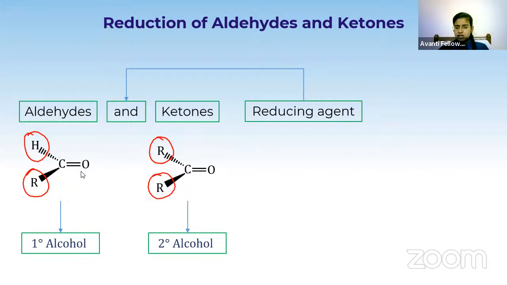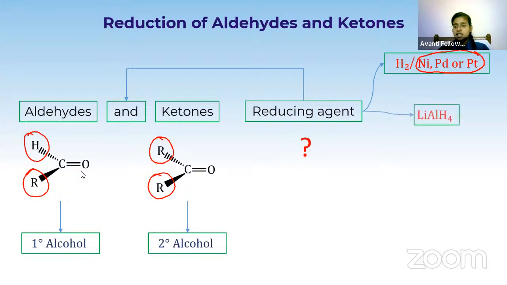Now coming to the reducing agent. Who all can act as a reducing agent to reduce the aldehydes and ketones? The very first one is hydrogen in presence of nickel, palladium or platinum as a catalyst. These three metals are the catalyst and hydrogen is going to reduce in presence of this catalyst. This is reducing agent number one. The second reducing agent is lithium aluminium hydride, LiAlH4.